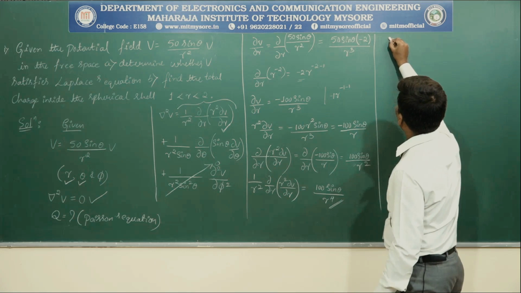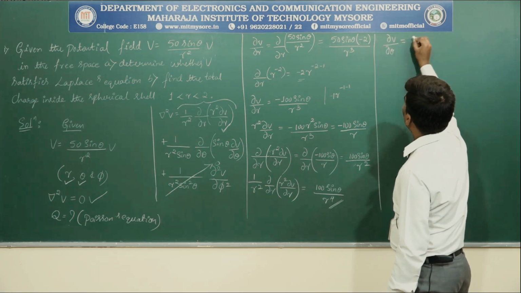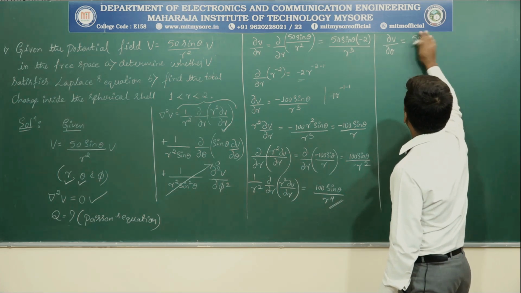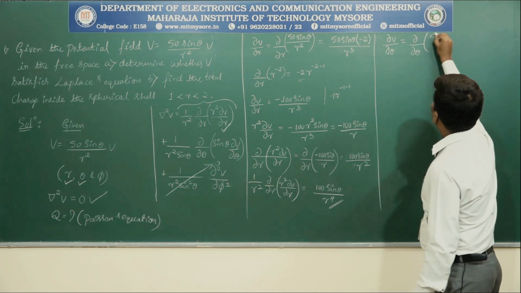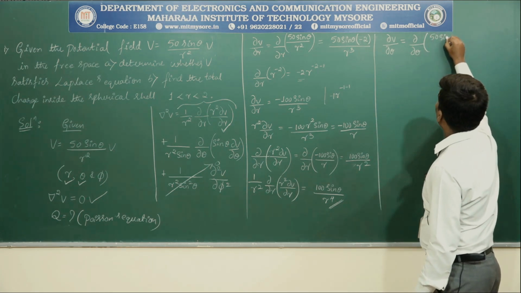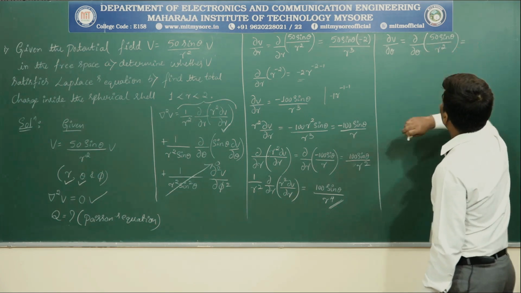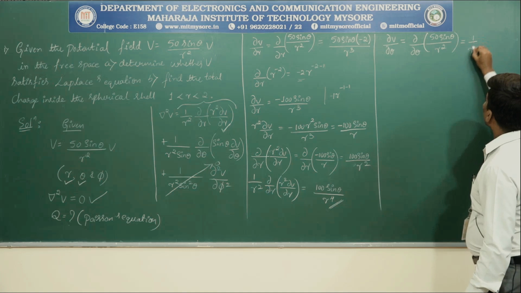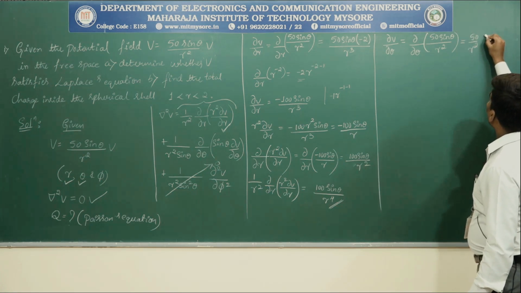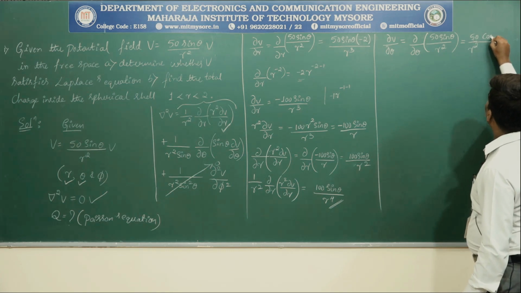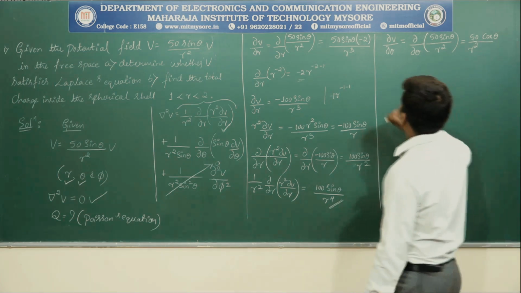We need to differentiate V with respect to theta. ∂V/∂theta is equal to ∂/∂theta of 50 sin theta whole divided by r square. What is the result? 1 by r square, 50 is constant, differentiation of sin theta is cos theta. 50 cos theta by r square.